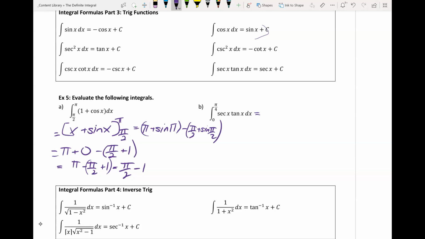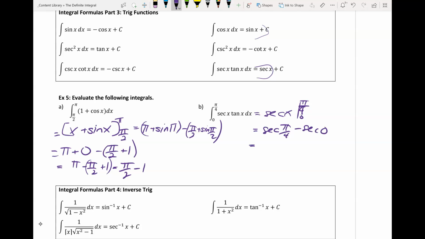Okay, for B, you want to take the antiderivative of secant x tan x, which is secant x. We want to evaluate this from 0 to pi over 4. Okay, so that's secant of pi over 4 minus secant of 0.